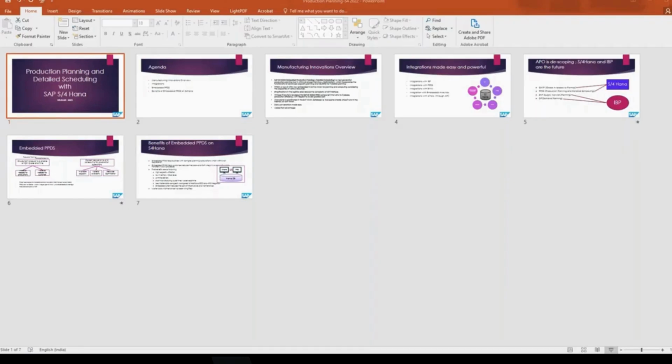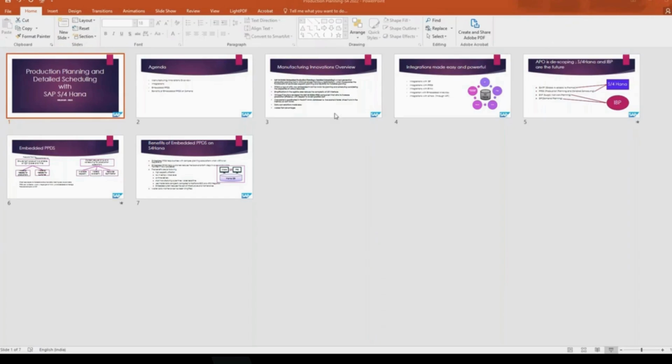Also, PPDS is integrated to IBP. All these things are integrated to PPDS either through API, through RFC, or through OData services. Next, let's move to the next slide.